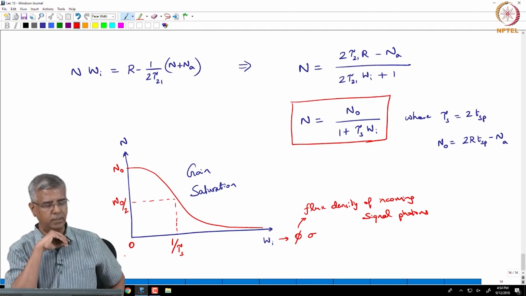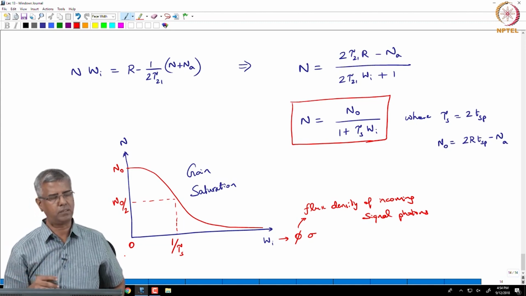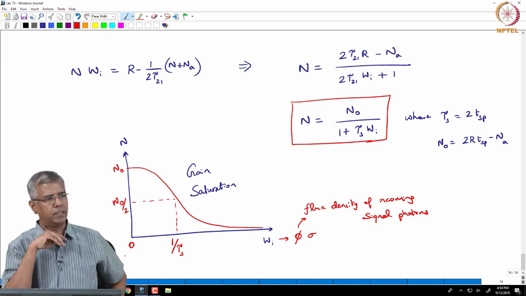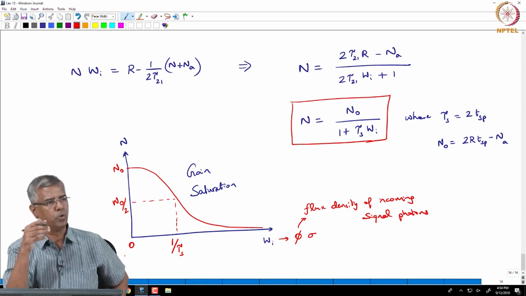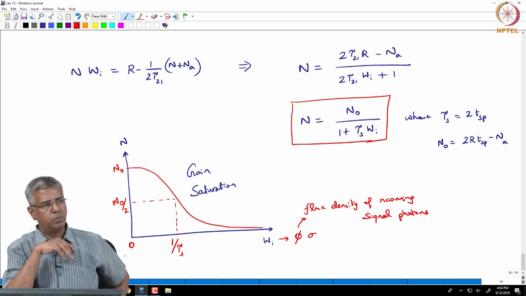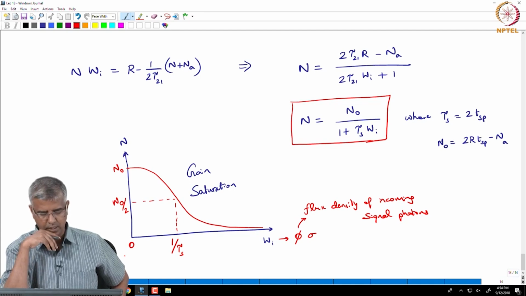You have a certain inversion for a given pump rate, and then as you increase the signal photon flux density, as more and more signal photons come through, we see that the inversion that is available to you is not as much as in the case of 0 signal photons.